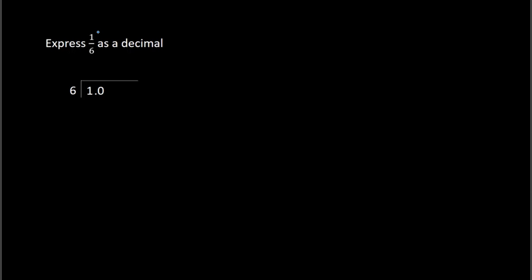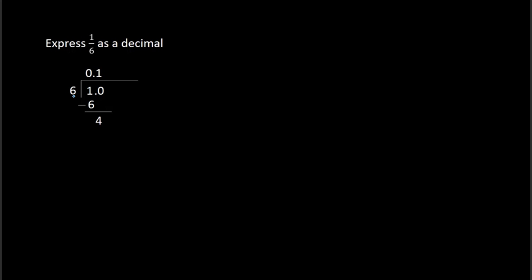So 6 goes into 1 0 times, but it goes into 10 1 time. So I put a 1 up here and make sure the decimal is there as well in line with the decimal in the bottom. So 1 goes here, and then at this point we can continue as a normal division problem. We take 1 times 6 to get 6, and then we subtract 10 minus 6 to get 4.